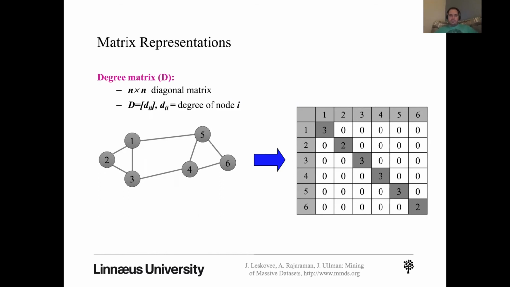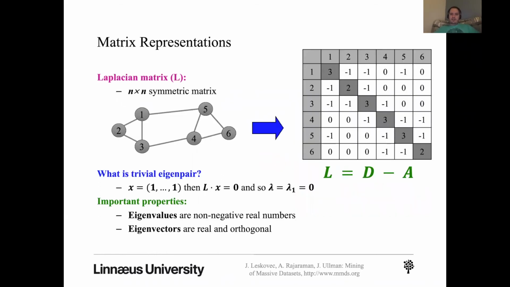Nothing else. Now, that said, the Laplacian matrix is simply D minus A. So take the matrix D, subtract the matrix A. What happens? You have a matrix which again has the degrees on the diagonal, and the adjacency matrix part is now negative. A 1 means there is a connection between 1 and 2, it's exactly the same as before, it's just negative.